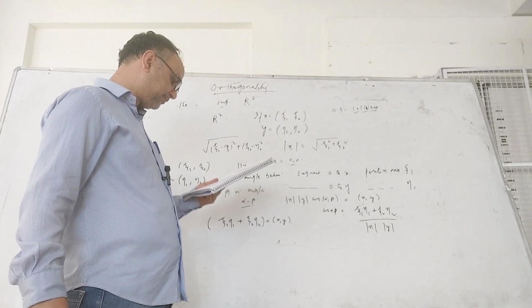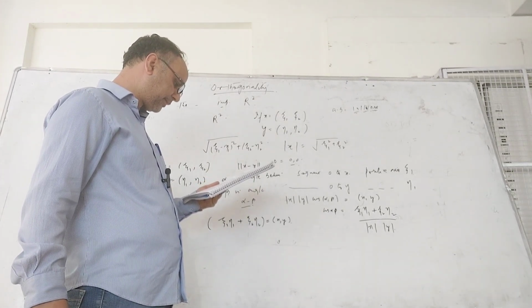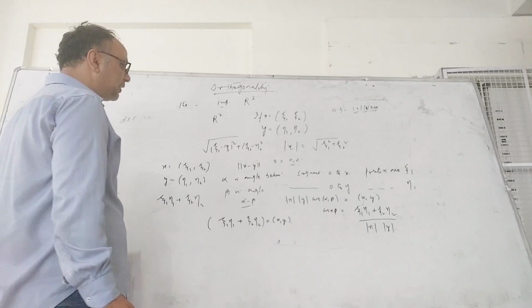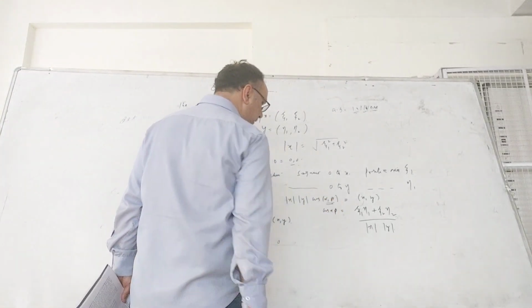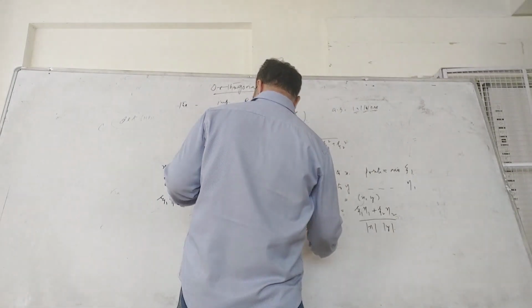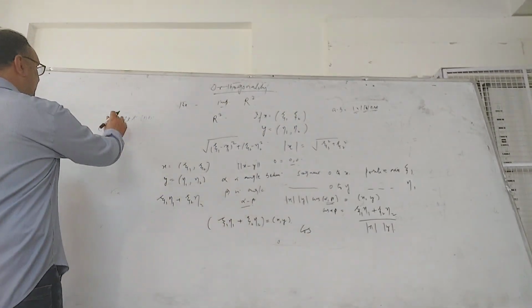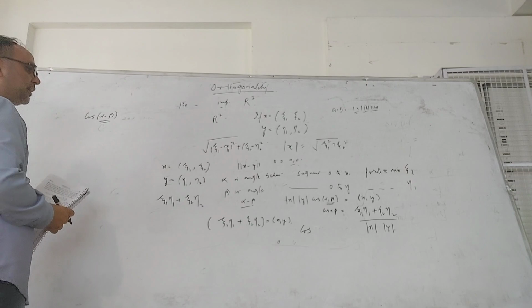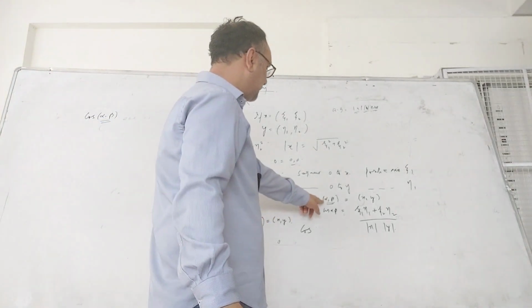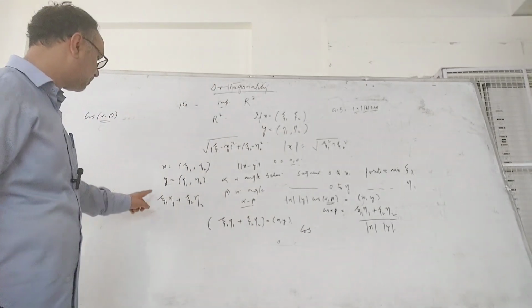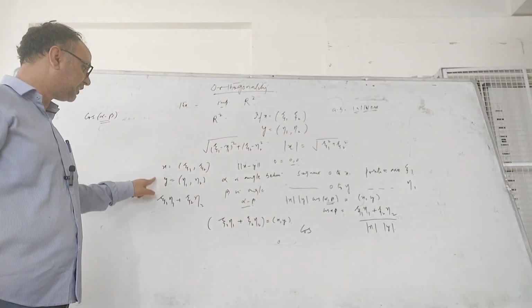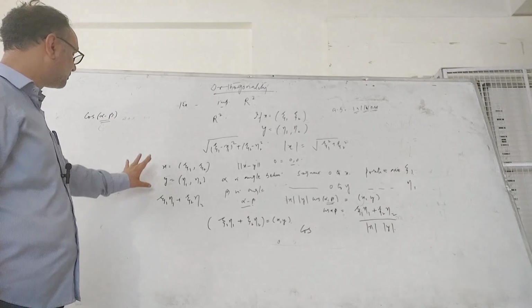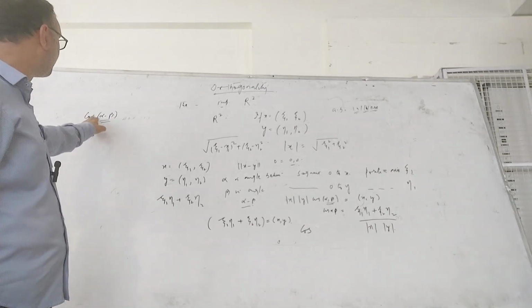The cos of the angle is cos of alpha minus beta, the difference of two angles, which is defined by how we define x and y and the angles subtended, and how we can measure the cos angle between the two.